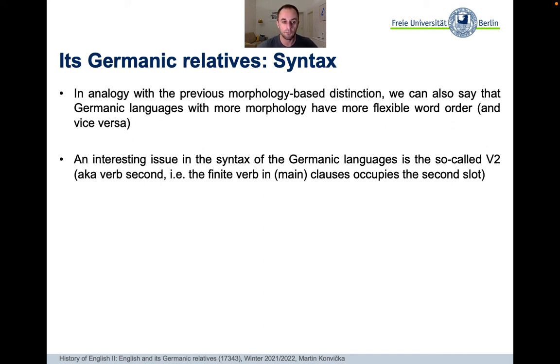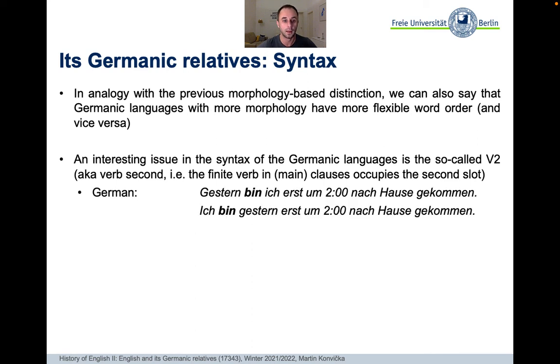It's the so-called V2. It's an abbreviation for verb second. And verb second means that the finite verb in mostly main clauses always has to occupy the second slot in the sentence. What do I mean? For example, in German, one would say something like, gestern bin ich erst 2 Uhr nach Hause gekommen.